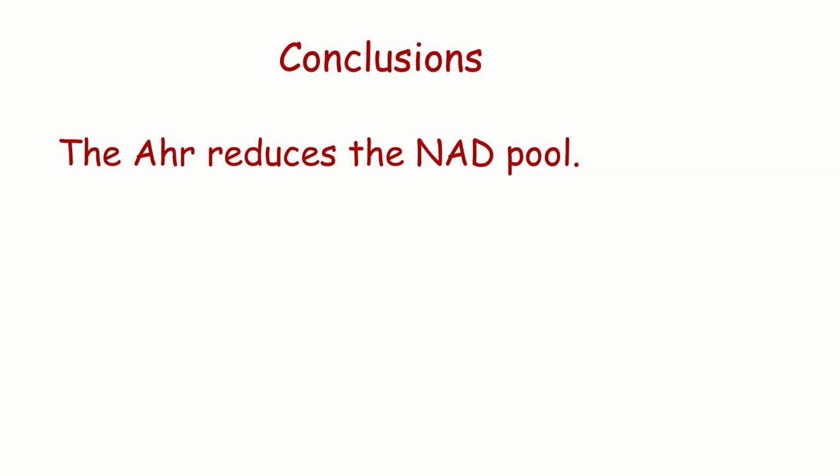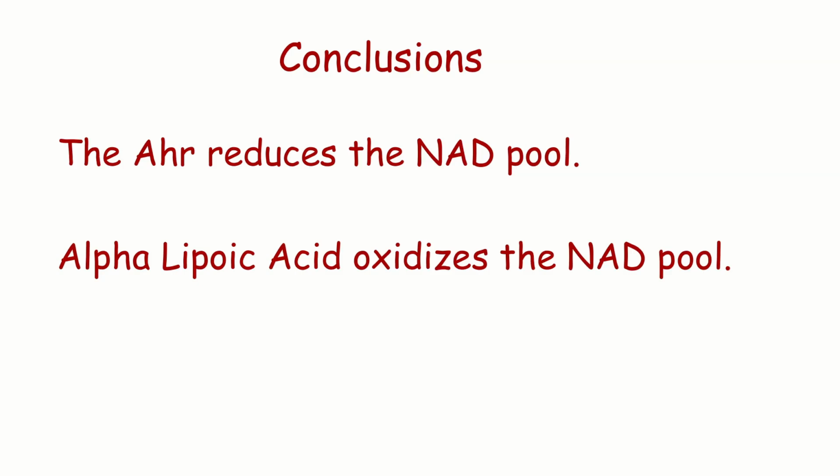The AHR also reduces the NAD pool. So the aryl hydrocarbon receptor and antioxidants in some ways work in a very similar way. Their mechanisms are very different, but both of them can wind up with a highly reduced NAD pool.